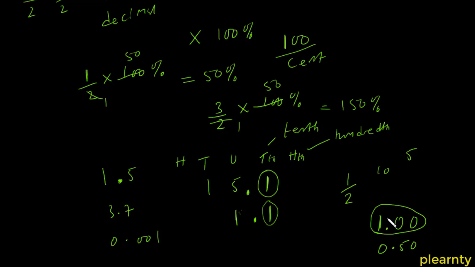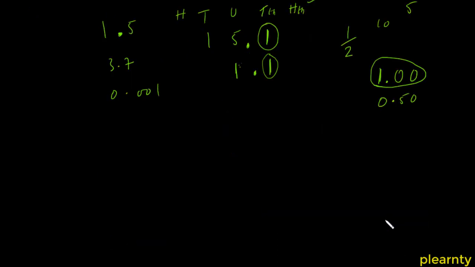So that's about decimal. Another thing we should know is that there are some ways that fractions relate with each other. For example, let's say you have a fraction 1 over 2, and you have another fraction 50 over 100.